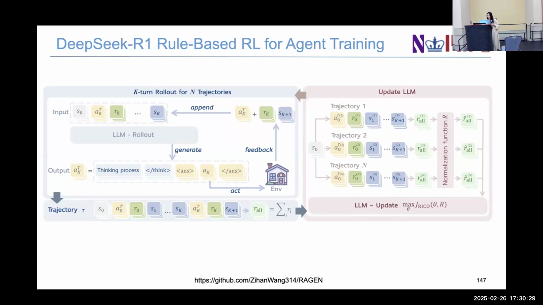Then we ask the model to also predict the action, and we execute the action and concatenate it back to the previous sequence. So compared to the previous MDP formulation, here we also force the model to generate the thinking tokens, following what DeepSeek is doing.